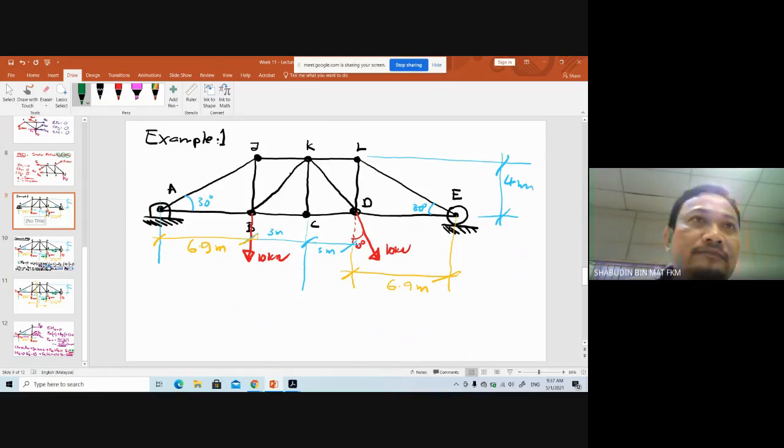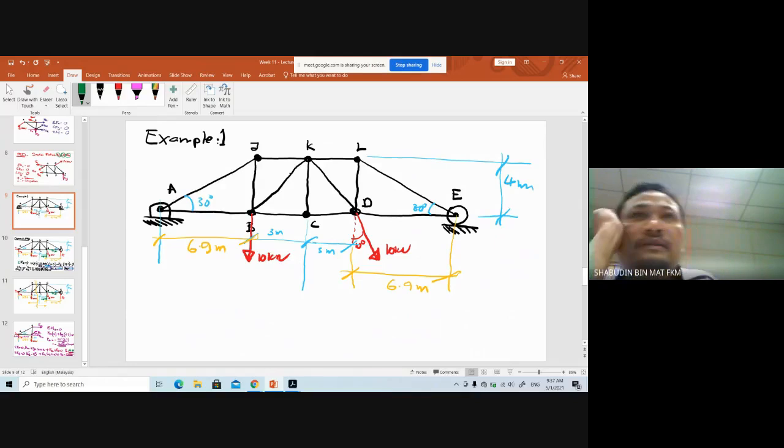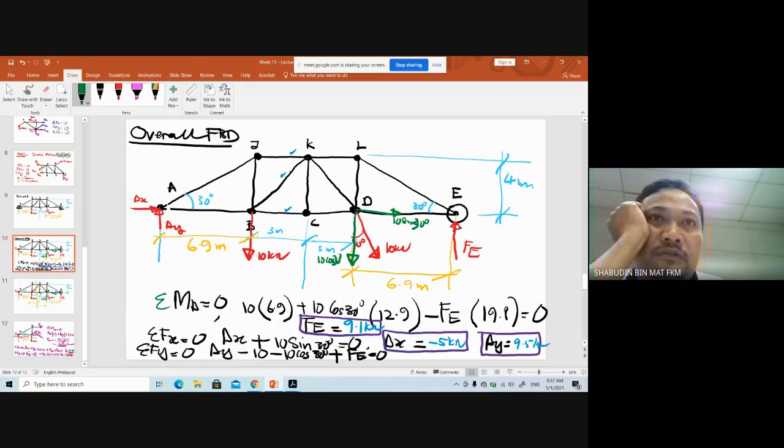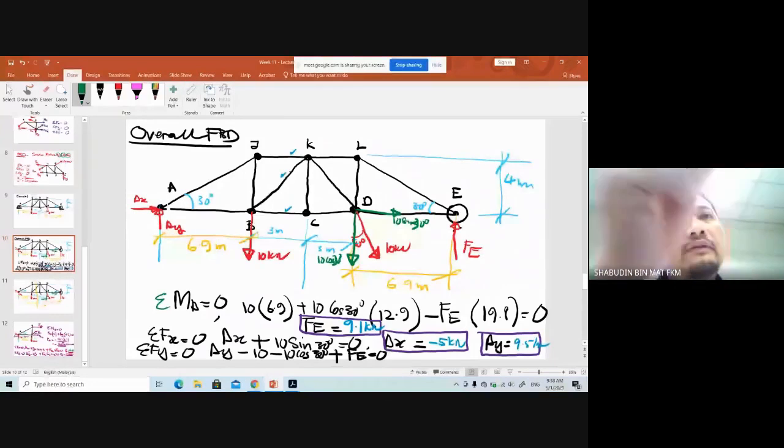If the example says get the force in JK, BK, and BC, then draw the free body diagram correctly. You remove the pin, and then you have the force.